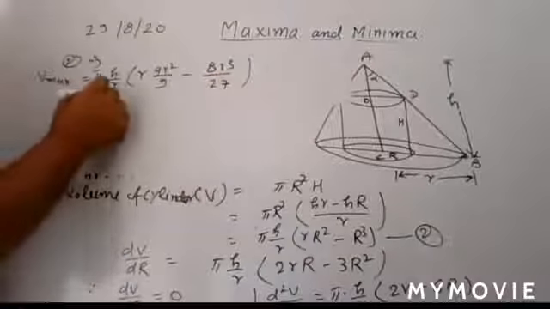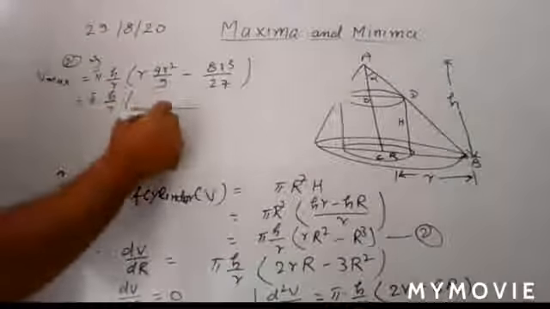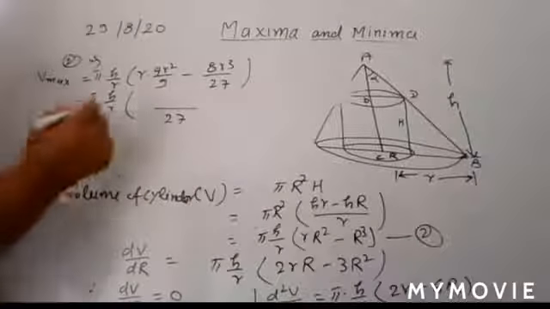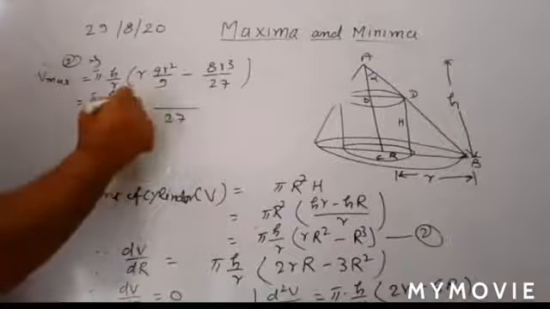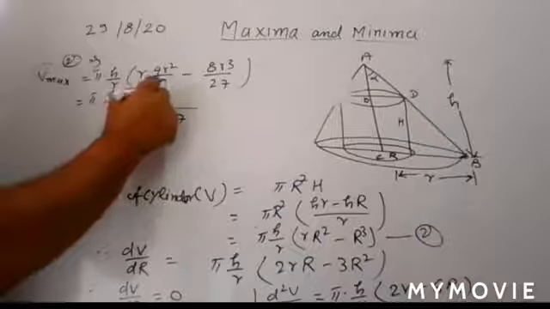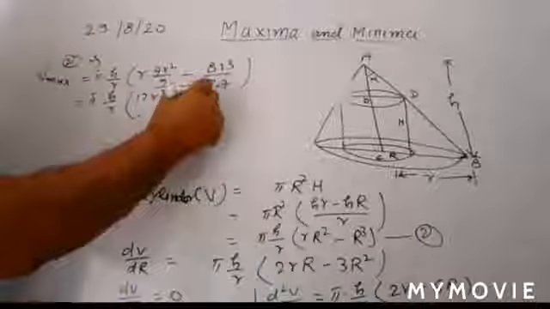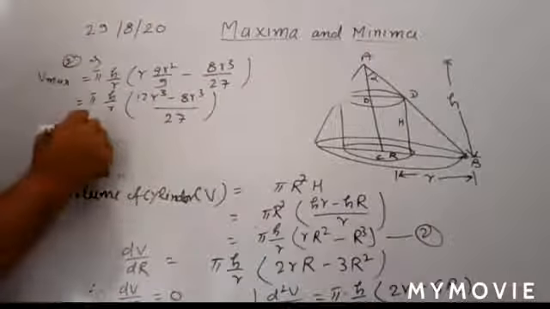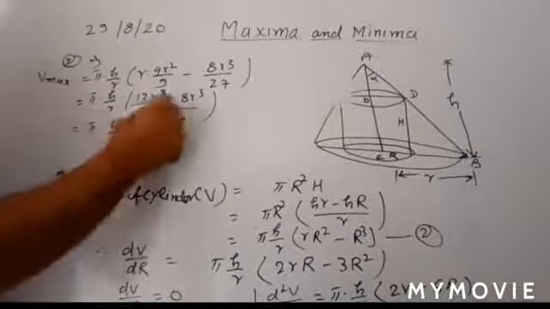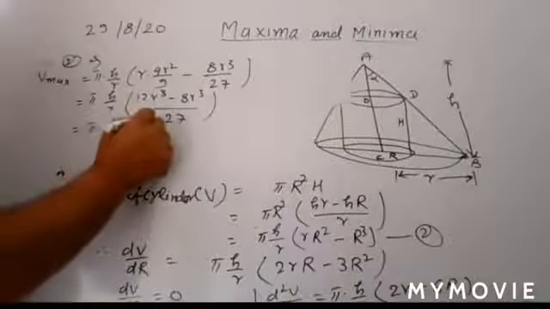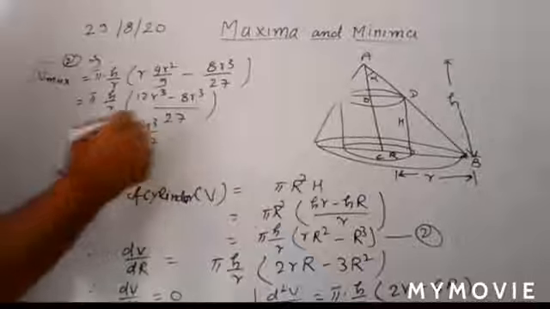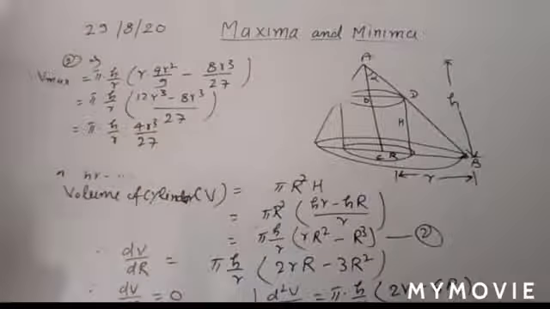So pi into h by r into, with LCM 27, 3 fours are 12, so 12r cube minus 8r cube, which is equal to pi h by r into 4r cube upon 27. That is your result.